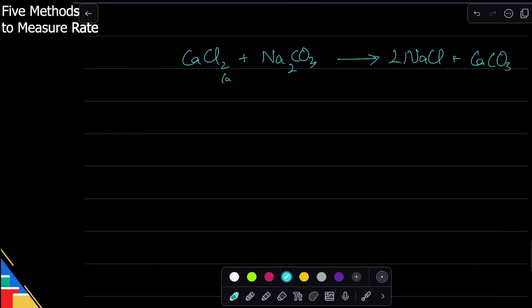Now let me put the state symbols. Okay. Now, judging by the state symbols, can you tell me, will we measure appearance or disappearance? Will we see something disappear or will we see something appear?